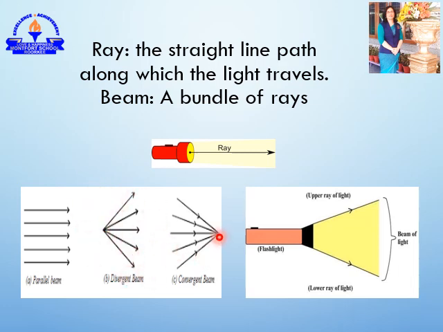Another one is convergent beam, where rays of light are seen to be converging at one point, seem to be meeting at one point. That is convergent beam. A flashlight is shown to you. In this flashlight, you can see the rays are coming out of the flashlight. That means this stands for a beam of light.